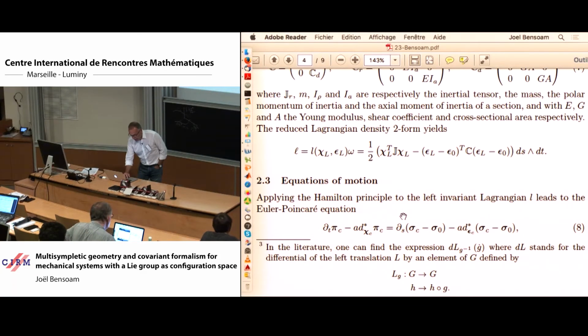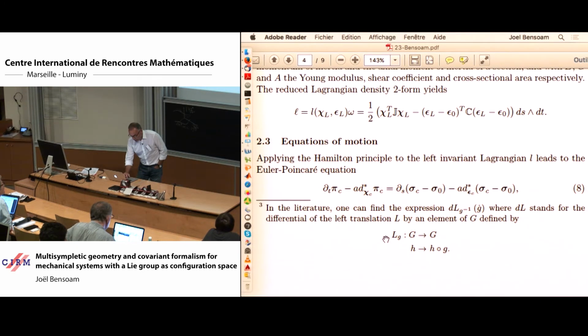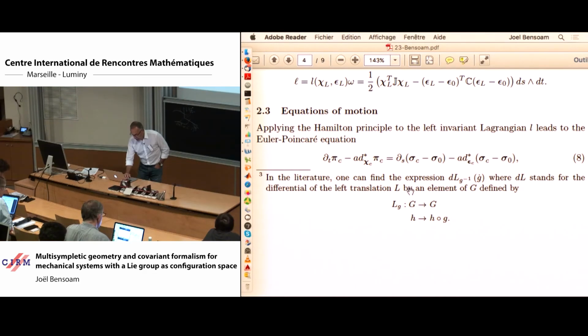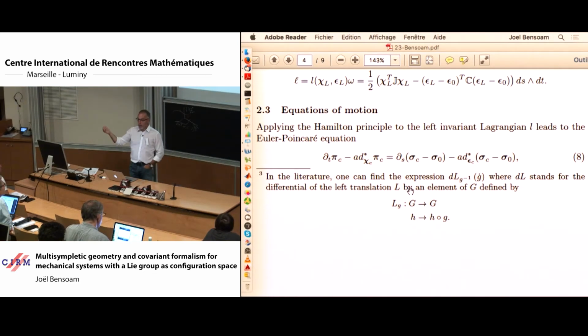Then you can apply the Euler-Poincaré equations, and so you have a sort of equilibrium between inertia terms and potential terms that correspond to deformation. Here, P and sigma are the momenta associated to deformations and to velocities.